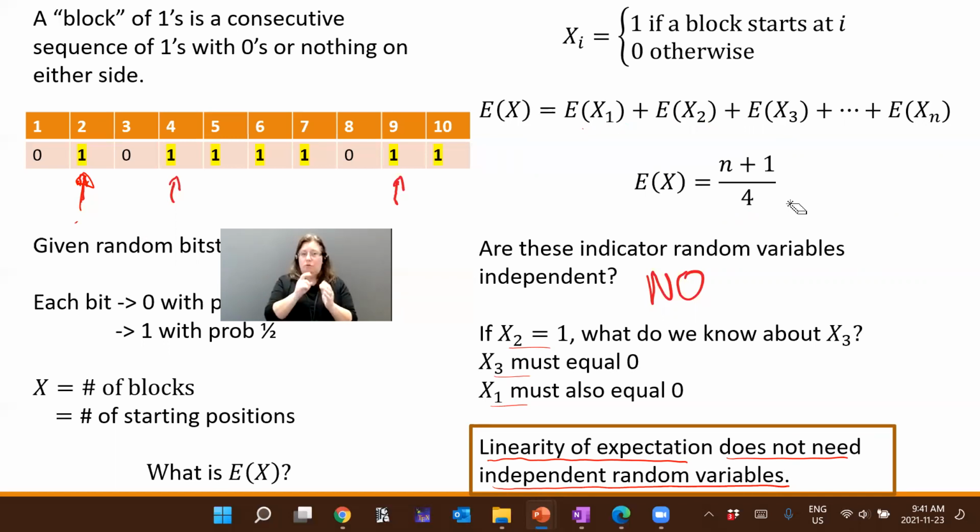All right. Other questions? How does this take care of bit strings with more than one block? Well, we just say on average, we expect about 1/4 n to be blocks, right?